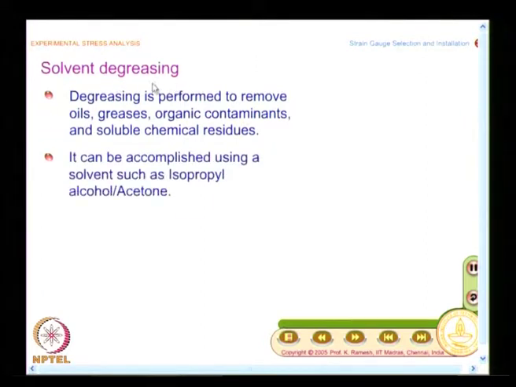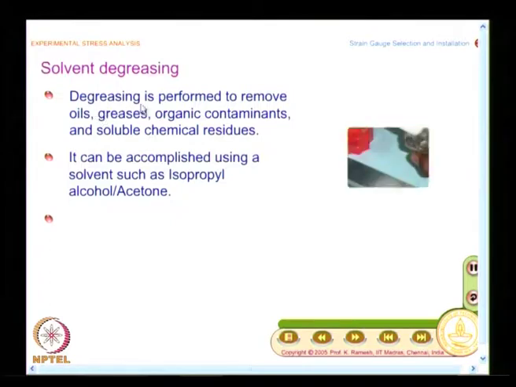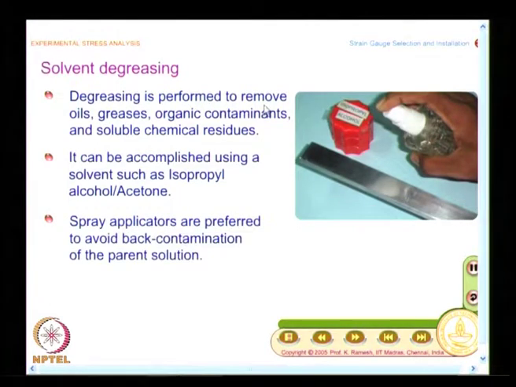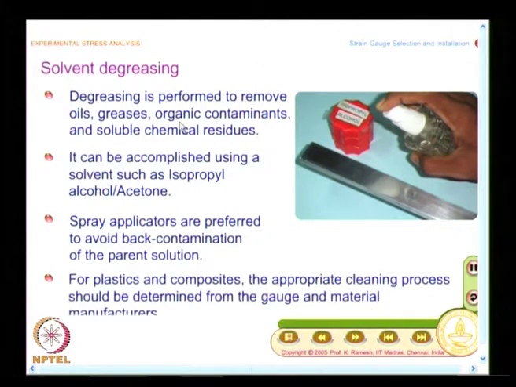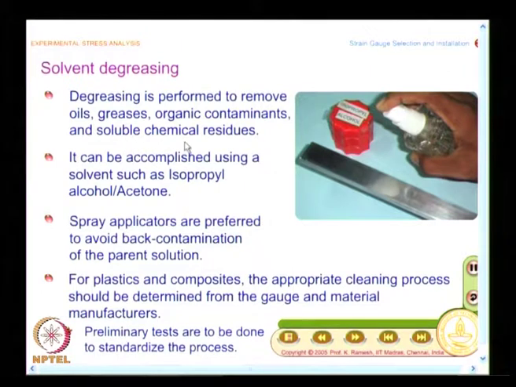So, why do I do this? Degreasing is performed to remove oils, greases, organic contaminants and soluble chemical residues. And here again you have a very subtle point mentioned. I am going to clean the surface. The recommendation is, you have the cleaning liquid in a sprayable type of container.